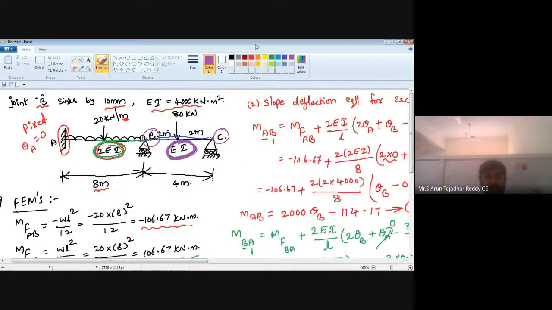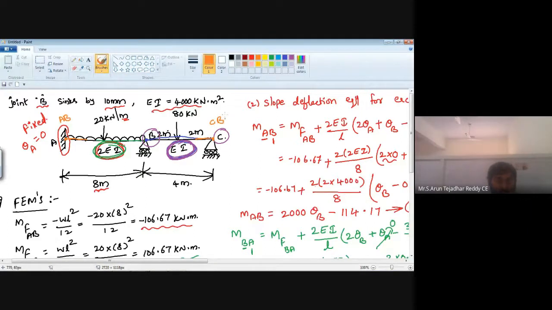It means, if you observe in this diagram, here A is a joint because A is connected one fixed support as well as one member, that is AB member. Okay, now coming to the point C, this is also a joint and it is connected one roller support as well as CB member.